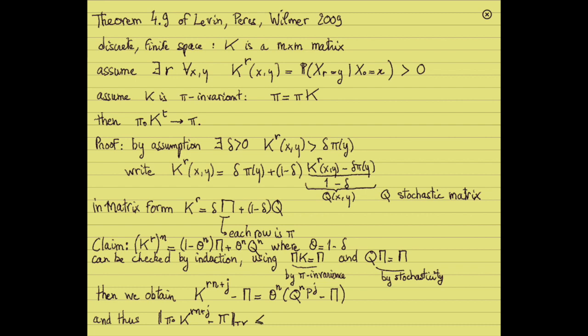And because the right-hand side has a theta to the n, you find a bound in theta to the n times the total variation distance that you can simply upper bound by 1, because the total variation is always less than 1. And so you find a geometric ergodicity result with a constant rate theta equal to 1 minus delta, where delta was in the assumption.